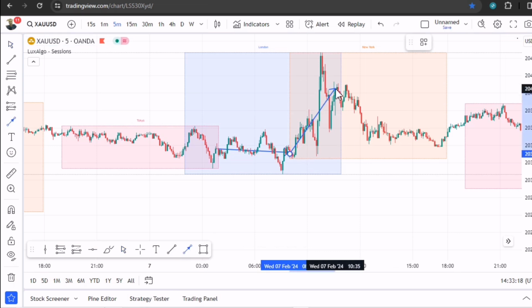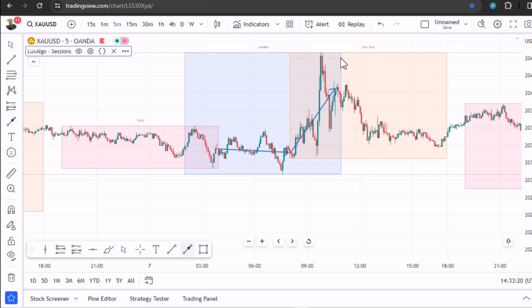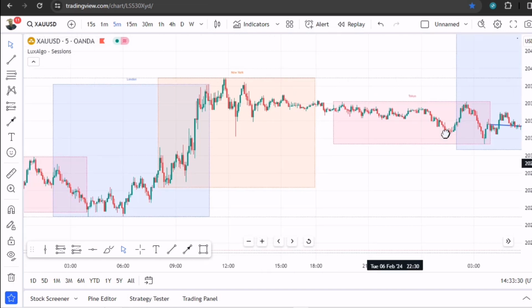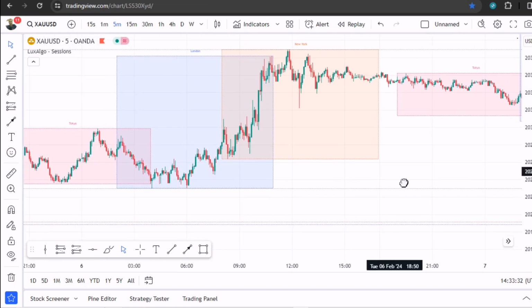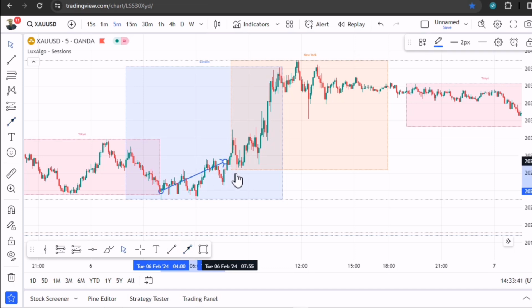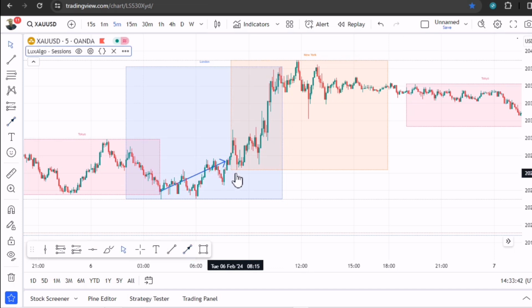Right here it was on an upward move, so right there you sell. And then after selling you see that it did obey. It's very rare that you lose on both places. It's very rare.